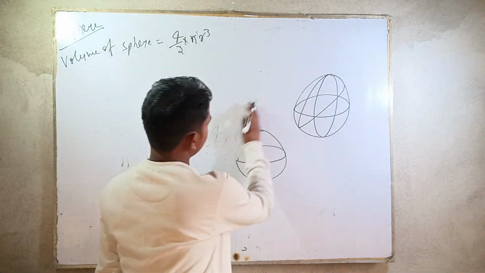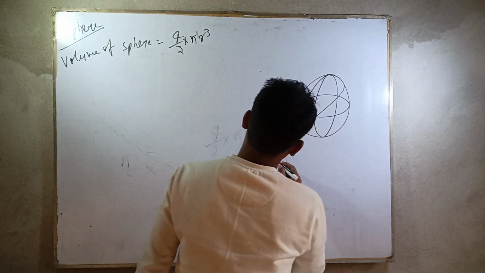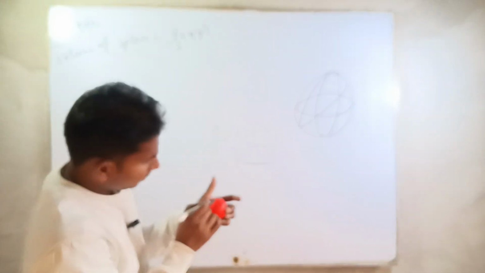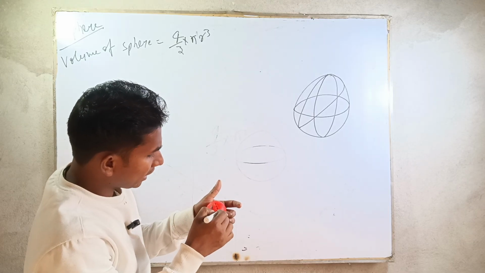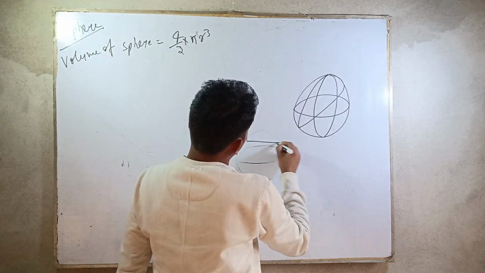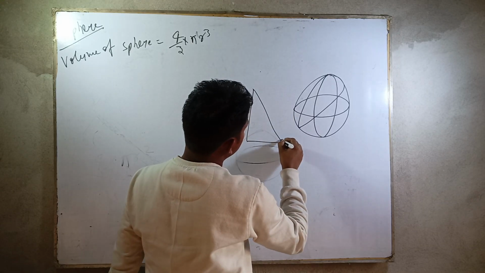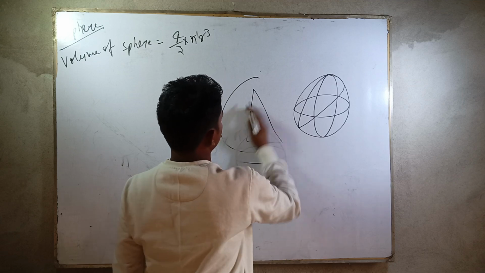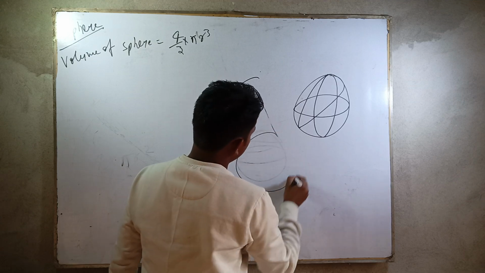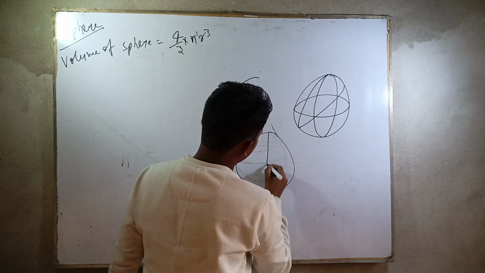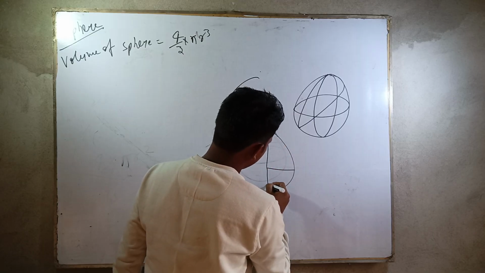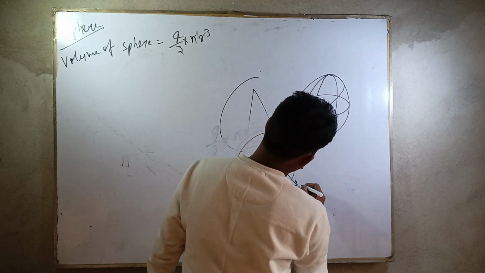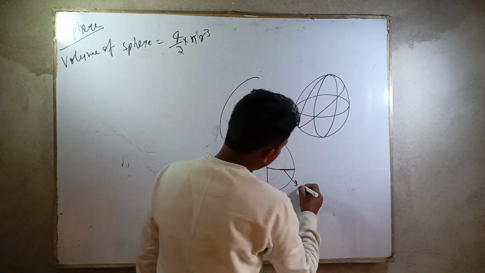Next, suppose in a sphere, I will see it in the figure, by the distance formula. Suppose I have this figure, and it is cut like this. This one is called the radius.